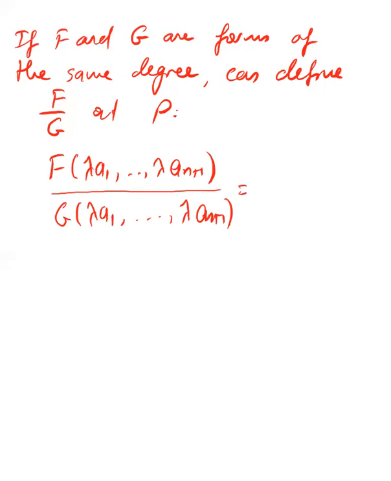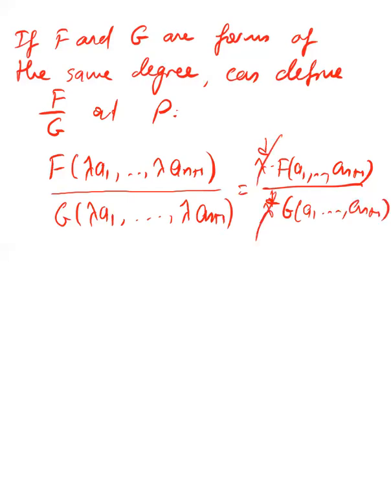For the same representative, f over g is lambda to the D. If they are degree D, lambda to the D times f of A1, ..., A(n+1) over lambda to the D times g of A1, ..., A(n+1). So they will cancel, so if we define f over g at P as f of A1, ..., A(n+1) over g of A1, ..., A(n+1), it's well defined.